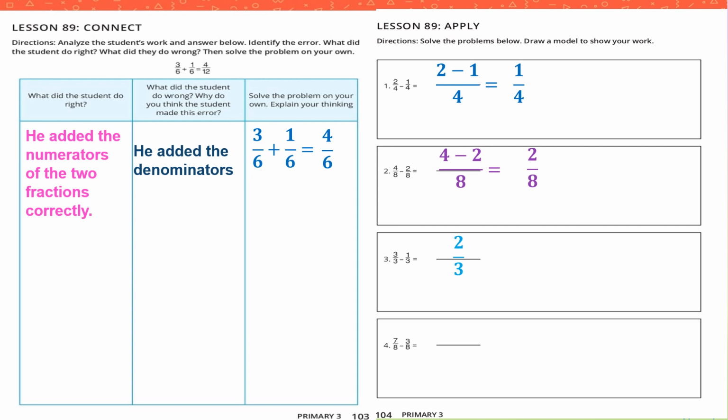The last one, 7 over 8 minus 3 over 8. Down we have same denominators, so put it as it is, 8 as a denominator, no change. But 7 minus 3 up equals 4, so the result will be 4 over 8.